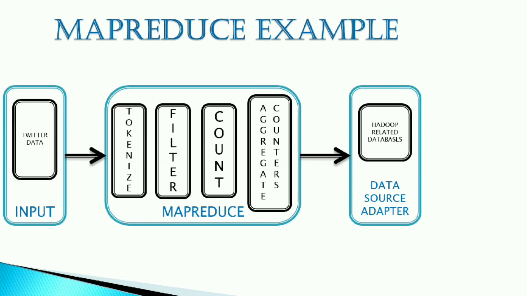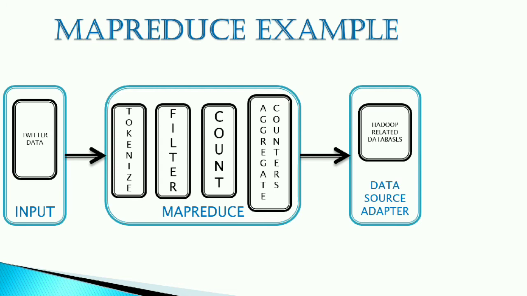The following illustration shows how Twitter manages its tweets with the help of MapReduce. As shown here, the MapReduce algorithm performs the following actions. The first one is tokenize. It tokenizes the tweets into maps of tokens and writes them as key value pairs.